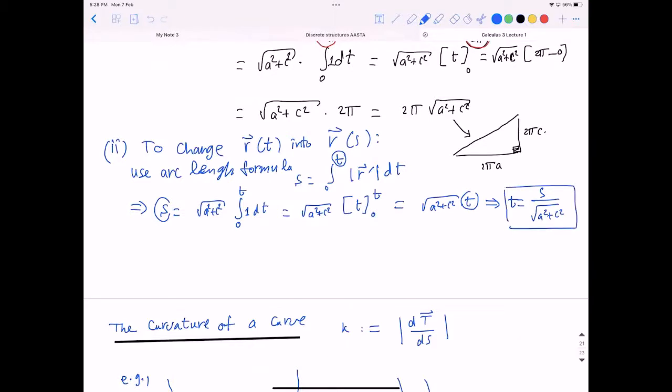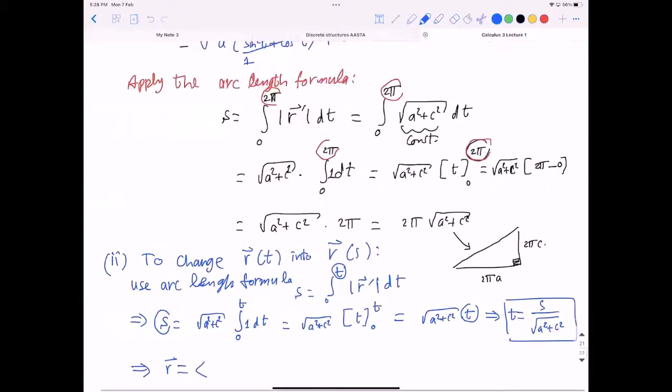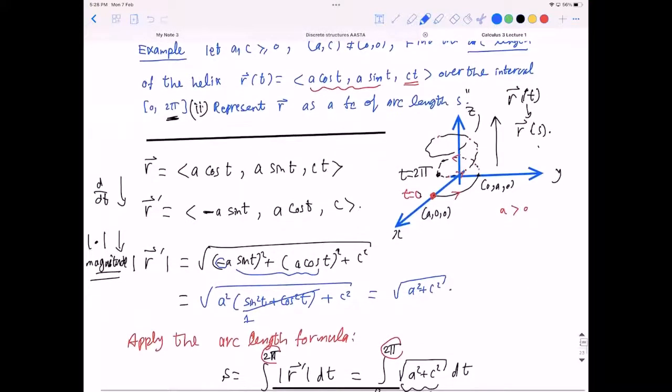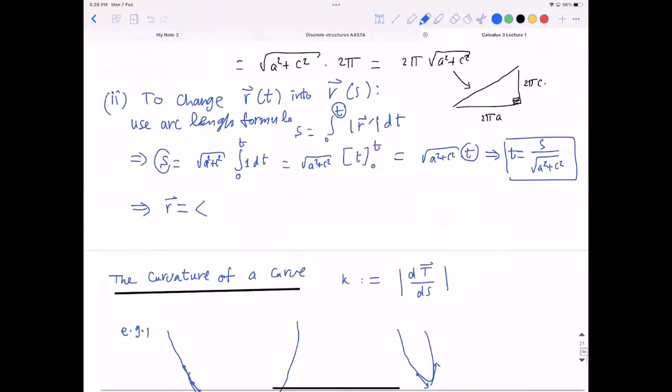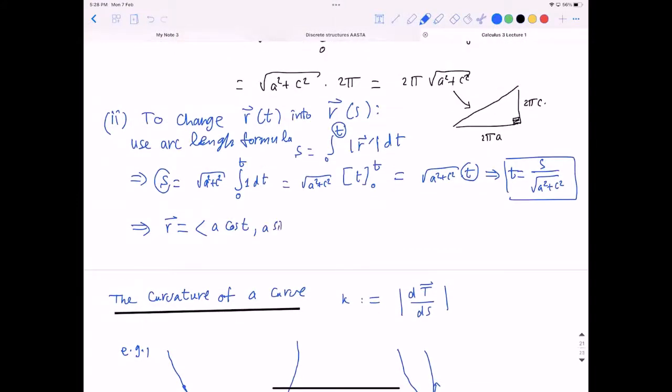Why do we do this? Because he asks me to change from a function of t into a function of s. He asks me to find the parameterization not in terms of time, but in terms of the arc length s. So at the end, we remove every t and put instead of it the value s over the square root of a square plus c square. So we write it again from the beginning: r equals a cosine t, a sine t, ct.